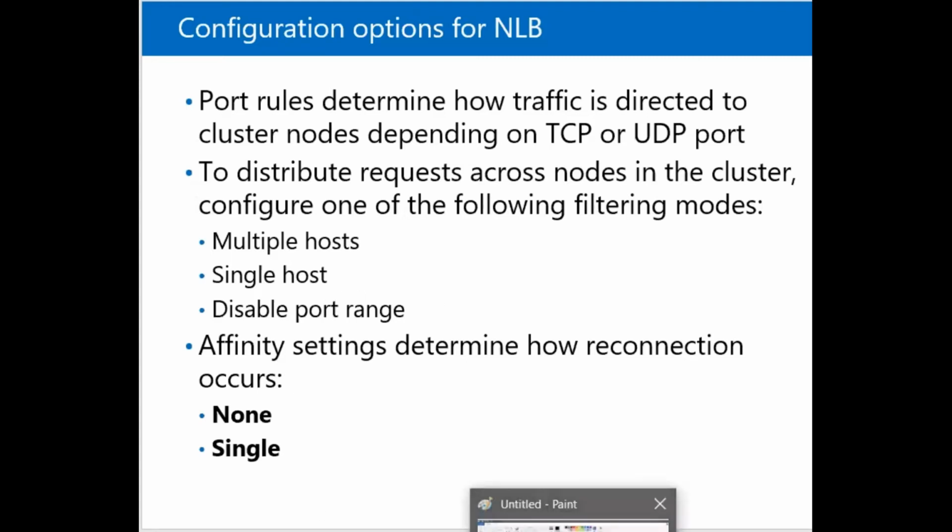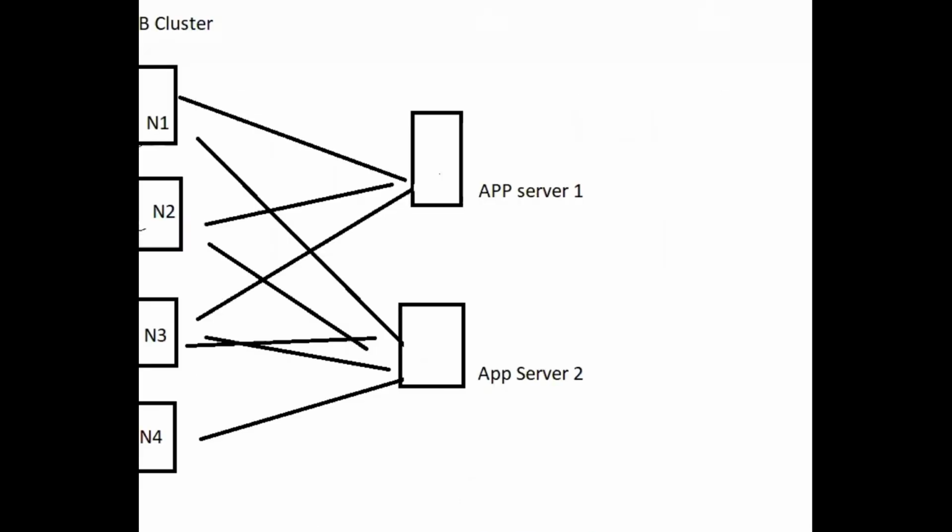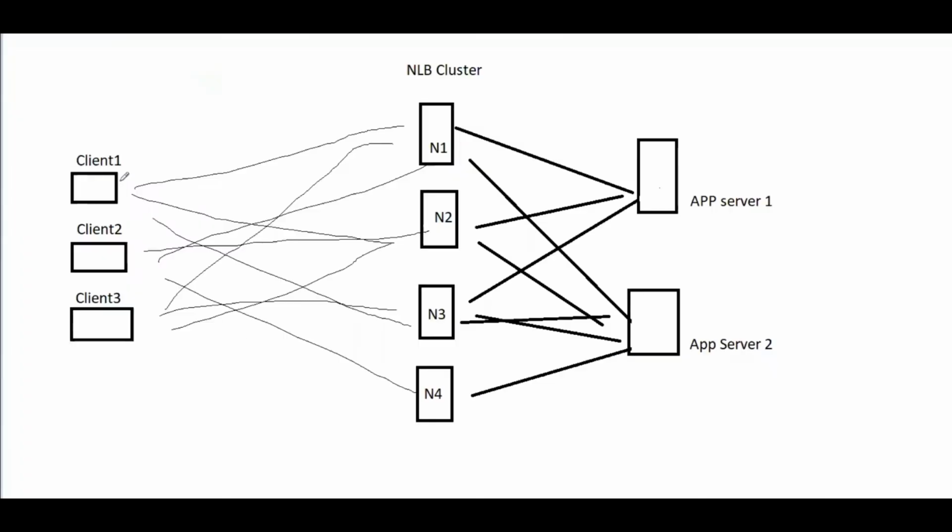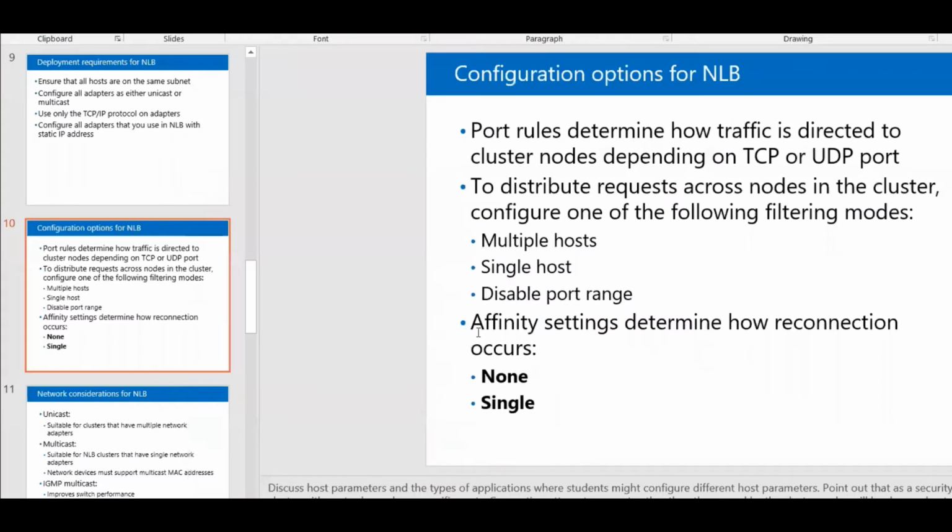For example, a client will always go via this node first, or the client will go to any available cluster host. We'll be able to configure those things from here, whether multiple host, single host, or without the port range.